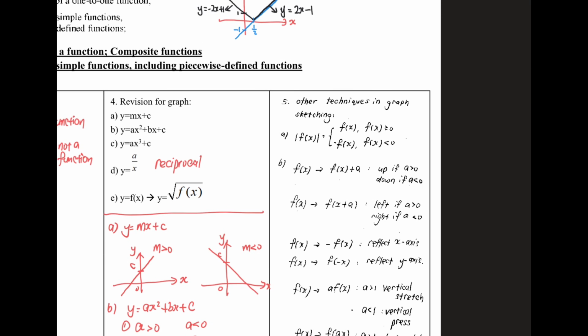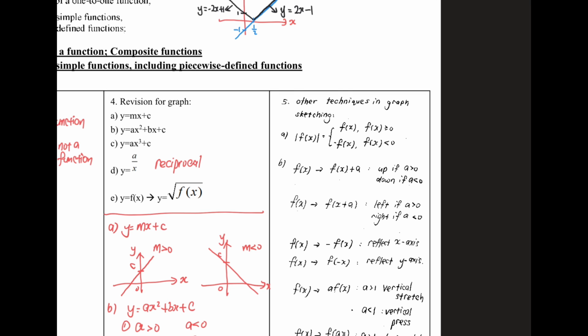The next one is we have f(x) changing to f(x plus a). So the transformation that happens here is, if a is more than 0, then it will move to the left by a units. For example, if you have f(x plus 2), then the whole graph will move to the left by 2 units.